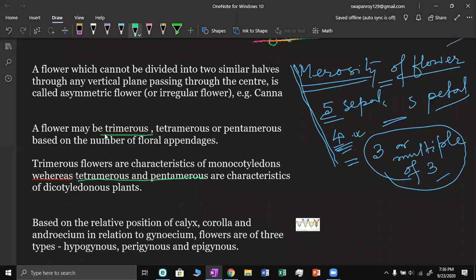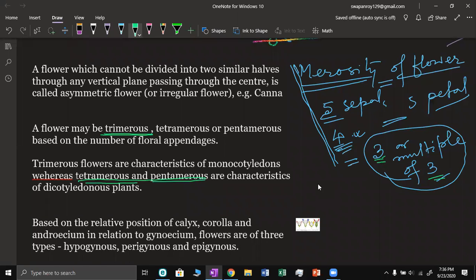In a trimerous flower, the floral parts are three or multiples of three. In tetramerous, the floral parts are four or multiples of four. Pentamerous, five or multiples of five.